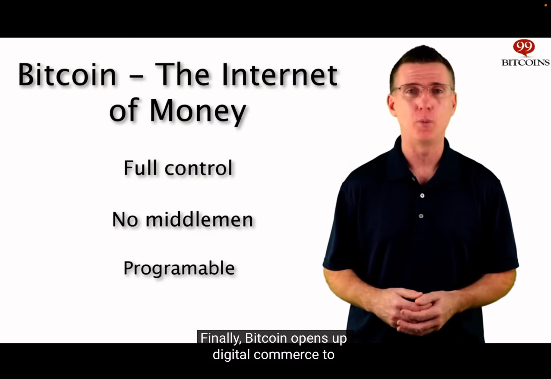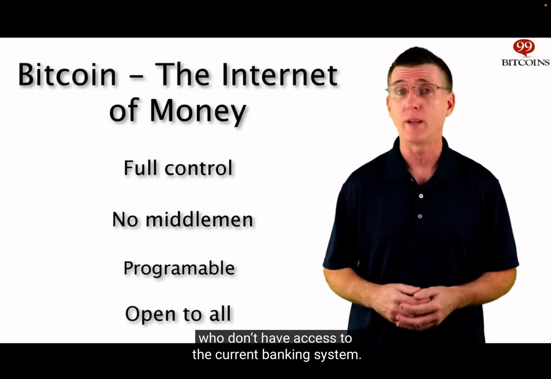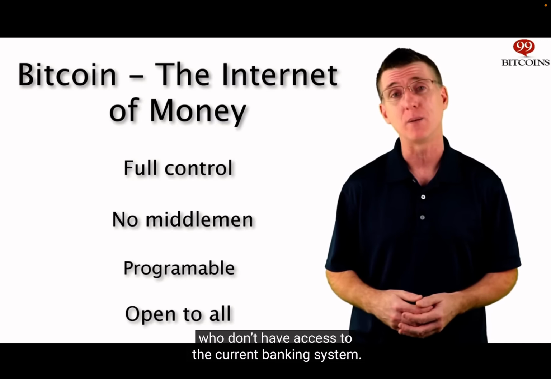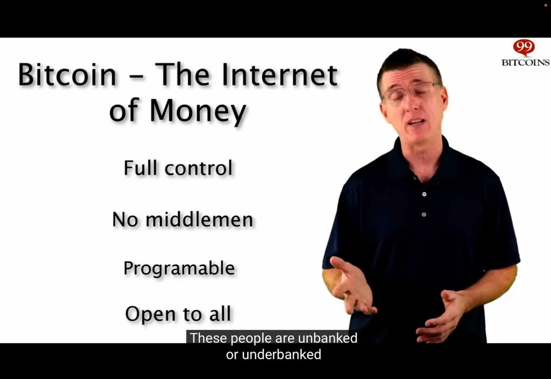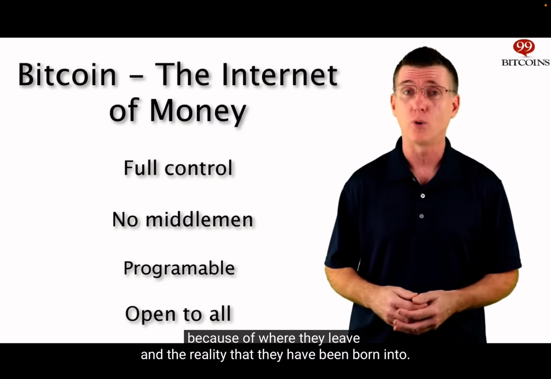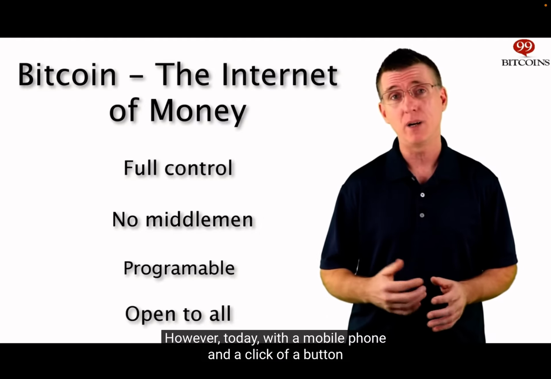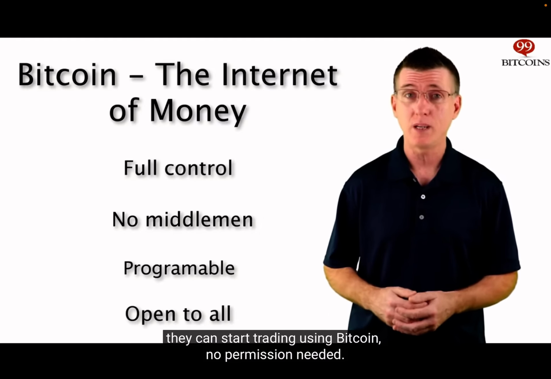Finally, Bitcoin opens up digital commerce to 2.5 billion people around the world who don't have access to the current banking system. These people are unbanked or underbanked because of where they live and the reality that they've been born into. However, today, with a mobile phone and a clickable button, they can start trading using Bitcoin. No permission needed.